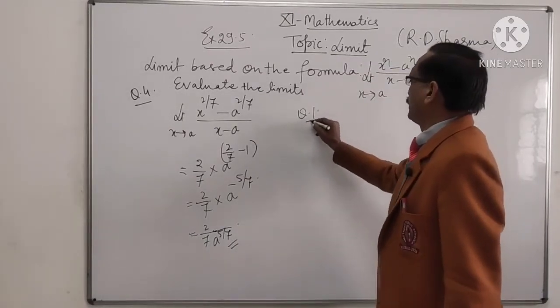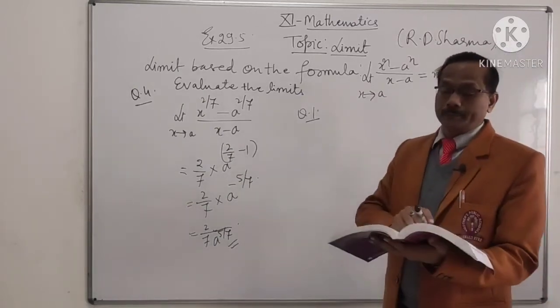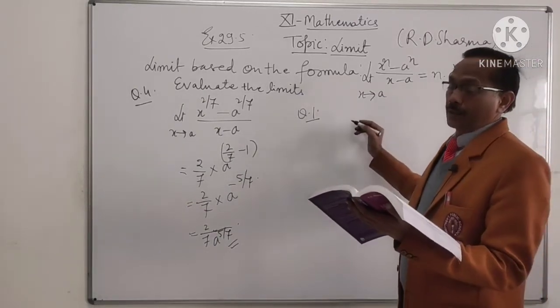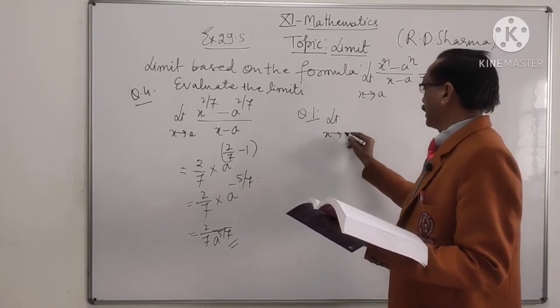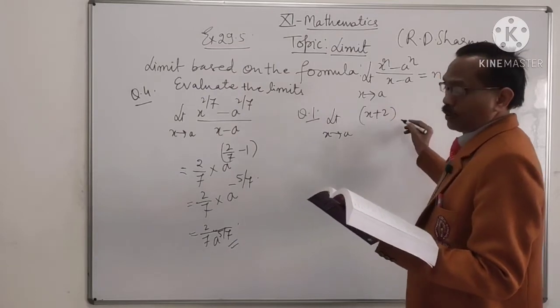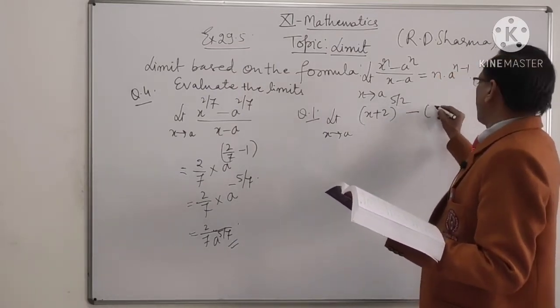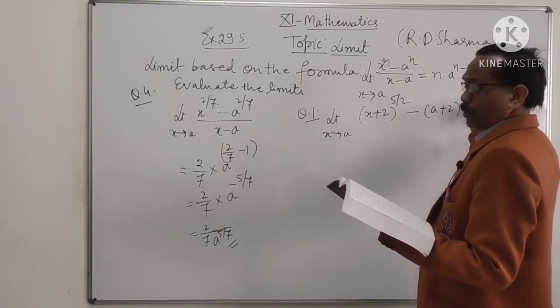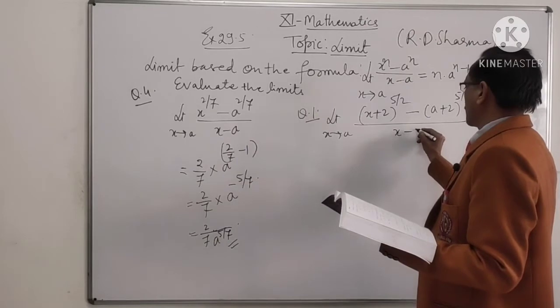Next, question number 1. Evaluate the limit x tends to a, x plus 2 whole power 5 upon 2 minus a plus 2 whole power 5 upon 2 divided by x minus a.